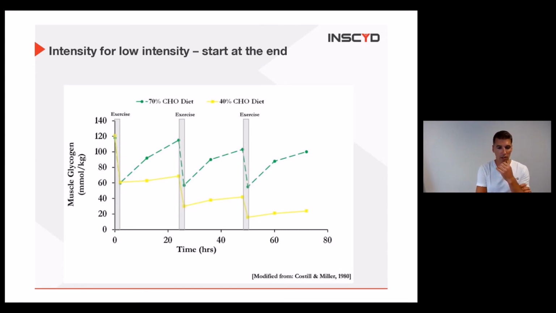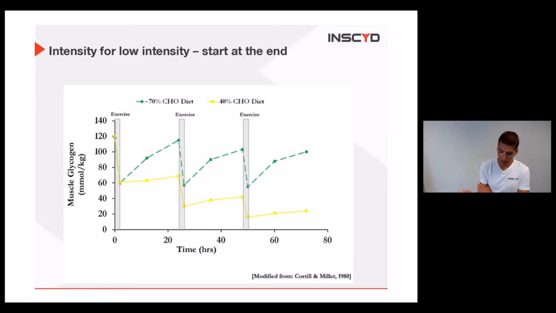This is what you see in this graph, how the glycogen content in the muscle changes over the course of several days. When you have a high carbohydrate diet and you have low carbohydrate training every day, every 24 hours, you can see even with this high carbohydrate diet, you're step by step going down to a lower glycogen content, okay?